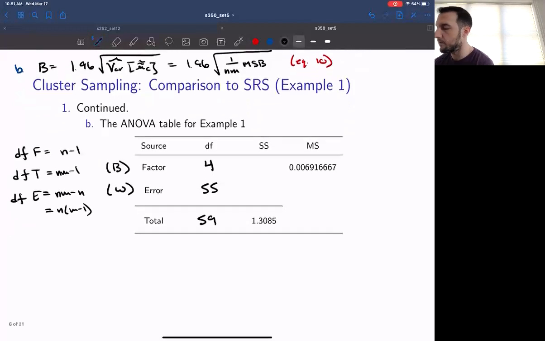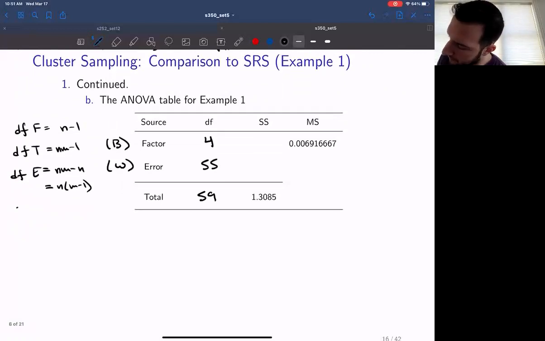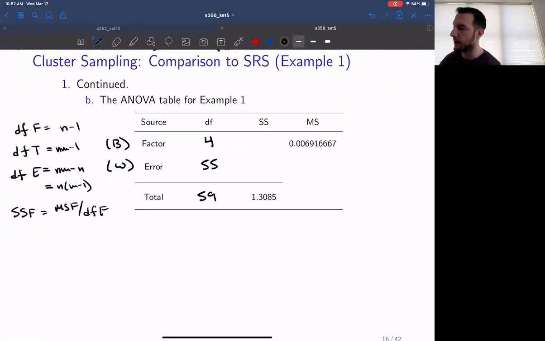All right, now we can approach this problem in a couple of ways. Since we have the sum of square total and we have the mean square factor, or the mean square between, we can use those values to work out the remaining values in the table. For example, SSF is going to be MSF times DFF. Through that relationship, we can easily work out the sum of square for the factor.